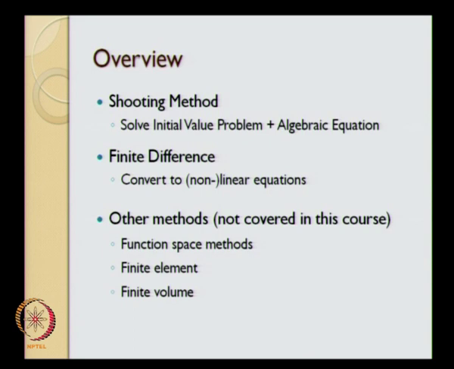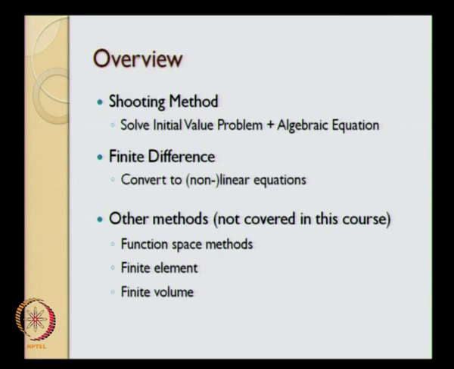In the shooting method, we are going to borrow ideas from ODE initial value problems and solving algebraic equations using either the bisection rule or the Newton-Raphson rule. In the finite difference method, we are going to borrow ideas from numerical differentiation, which was covered in module 6, and ideas from solving linear or non-linear equations, which were covered in modules 3 and 4 respectively.